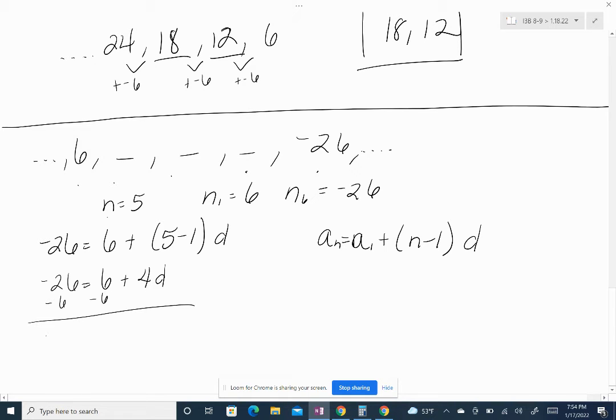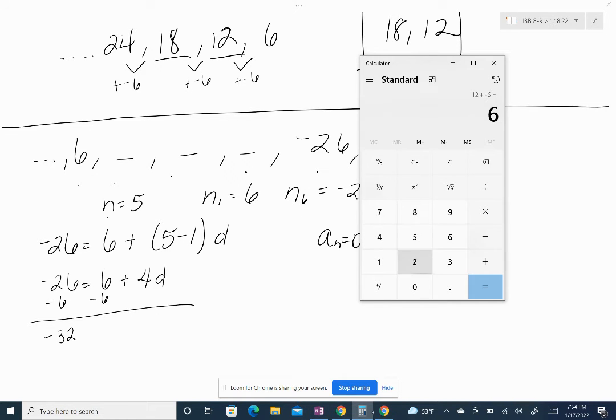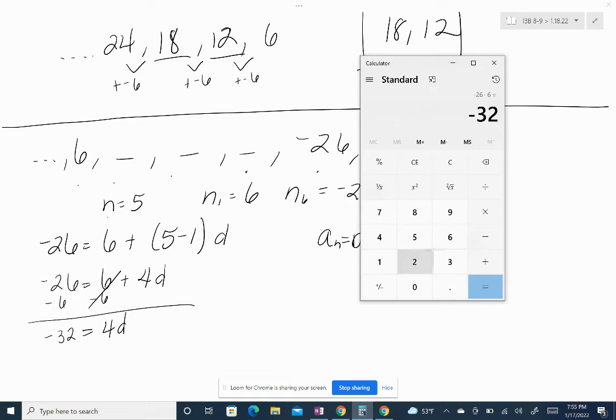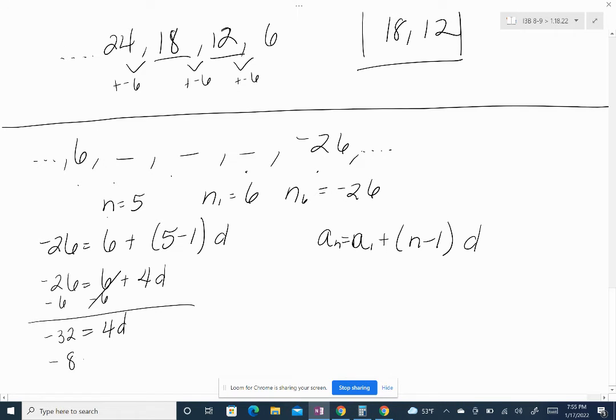Negative 26 minus 6 gives us negative 32. That cancels out, leaving 4d. And then divide both sides by 4. 32 divided by 4 is 8. And so it's negative 8 is equal to d.